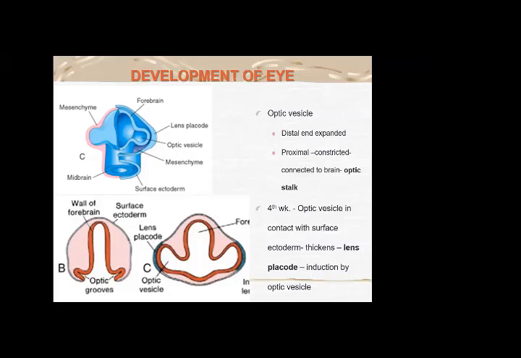The lens placode is formed because the optic vesicle induces the overlying ectoderm to proliferate, become thickened and develop into a lens placode. This is the beginning of development of the lens. We'll do this a little later.